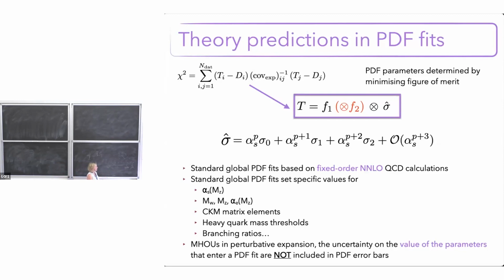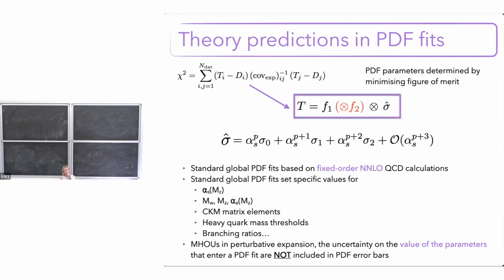So typically, the kind of standard global PDF fits are based on fixed order NNLO QCD calculations, okay? Already saying NNLO QCD calculation is super complicated because, imagine you have to vary this F according to your parameter 2,000 times every time you do an iteration of your fit. So you don't really put the NNLO calculation.